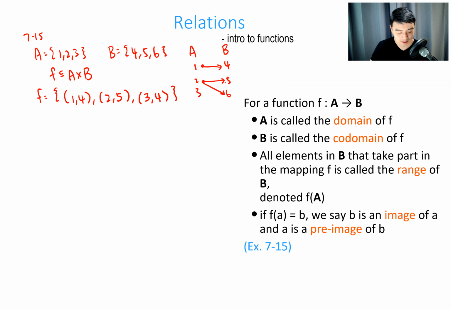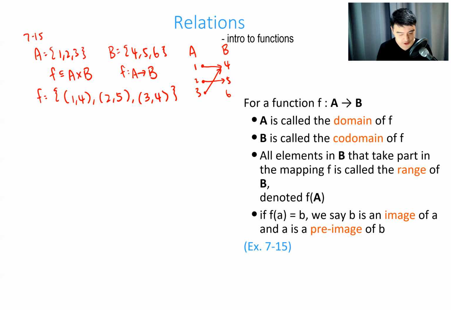Please keep that in mind. They are counterexamples that we should look for to see whether or not we actually have a function. Now 1, 2, and 3 all have one arrow pointing away from them, so we can say that this is in fact a function that maps from A to B.